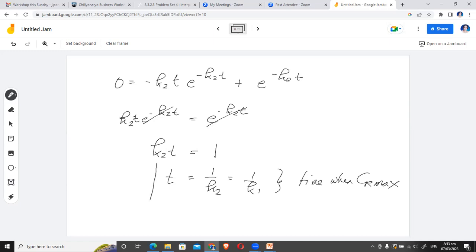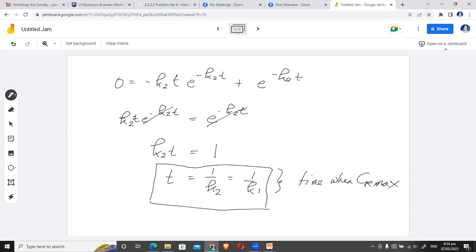So this is your working equation. Very, very easy. When the two rate constants in a particular two consecutive irreversible reaction in series are equal, the time when the intermediate R concentration is maximum is the reciprocal of any of the two rate constants.